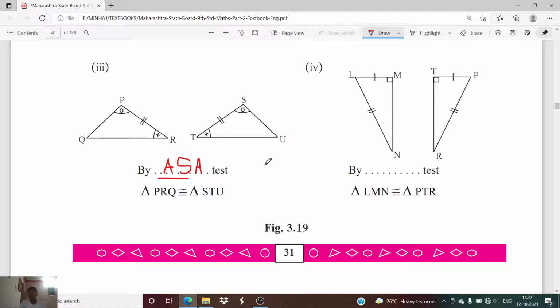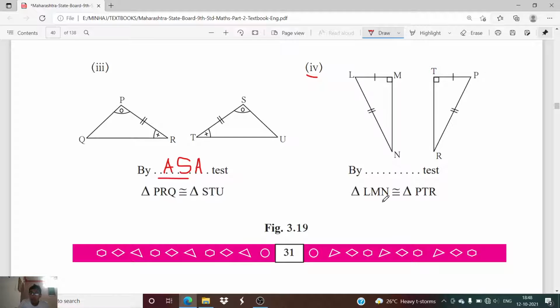Then for sub question number 4 you can see triangle LMN and triangle TPR, both the triangles are right angled triangles. You can see that hypotenuse LM of triangle LMN and hypotenuse PR of triangle TPR are congruent to each other, both are equal to each other. And side LM is congruent to side TP.